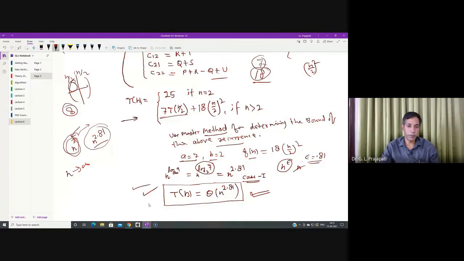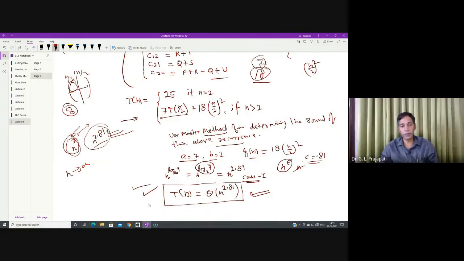By using Strassen's concept, we are able to reduce the bound of matrix multiplication from n cubed to n raised to the power 2.81.